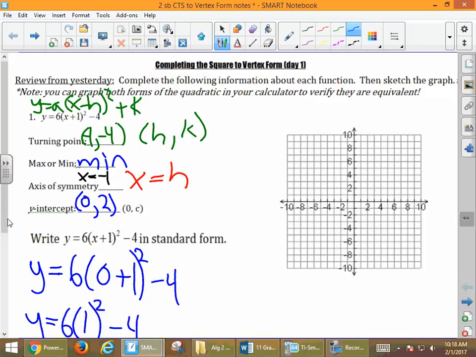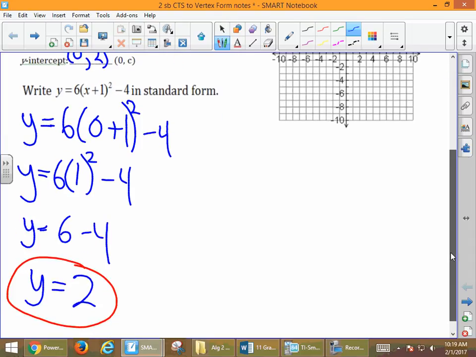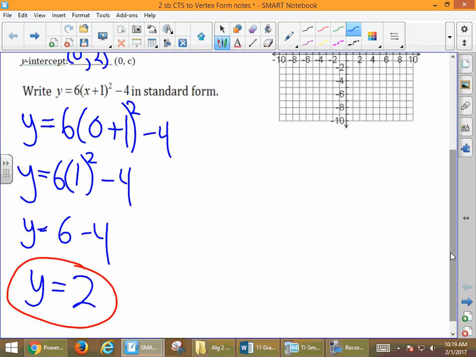And now, what we're going to look at is that we can actually, in a fairly simple manner, turn our vertex form of our equation into standard form. All we have to do is expand it out. So we have y equals 6(x plus 1) squared minus 4.